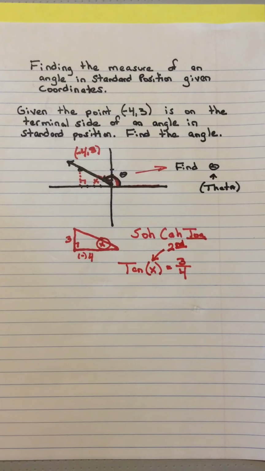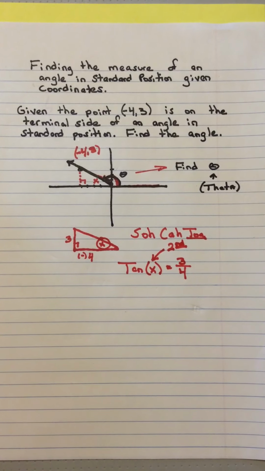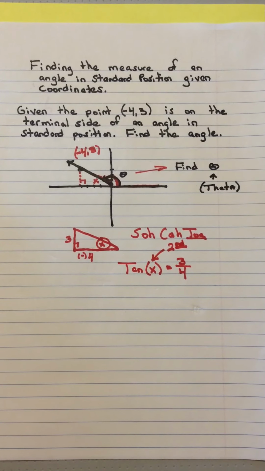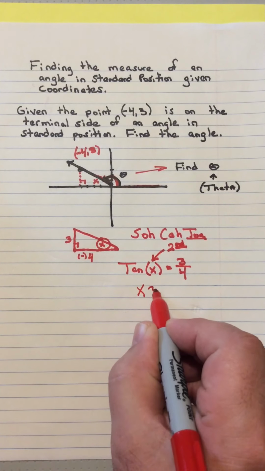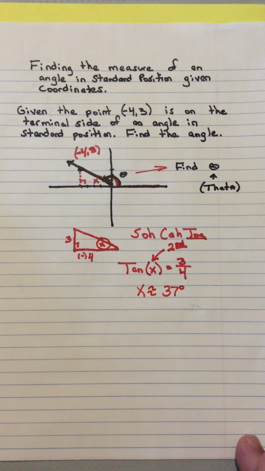So I'm going to push second tangent, and then simply push 3 divided by 4, enter, and I came up with 36.87. So we're going to call it a 37 degree angle. So I've got x approximately 37 degrees.